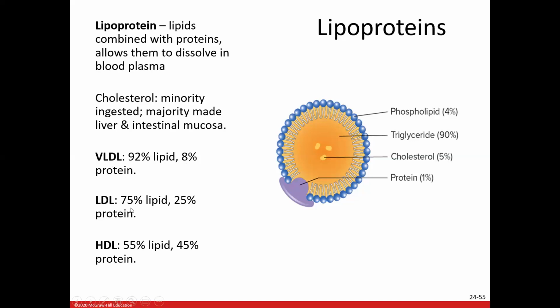So for very low and low, we have much lower protein contents for both. Like I said, these are the bad cholesterols, and ultimately these bad cholesterols can build up in the arteries and cause atherosclerosis, which is the buildup of plaque, which can cause things like heart disease and stroke. Then you have your high density lipoproteins, which have a much greater content of protein relative to the lipids.